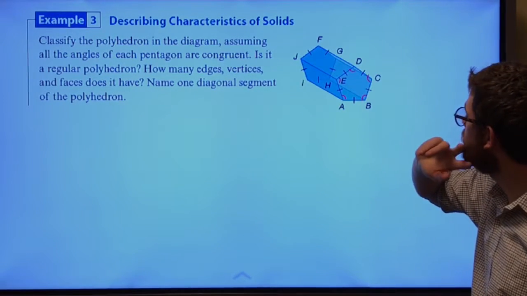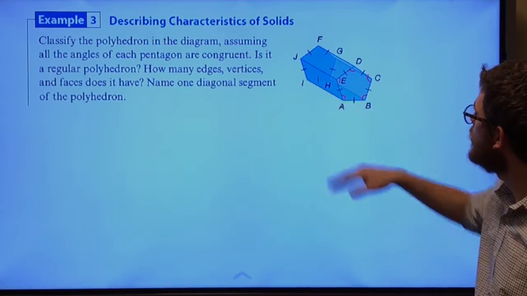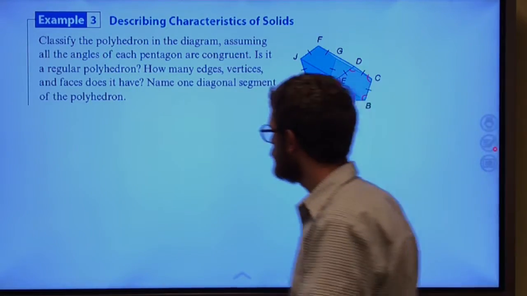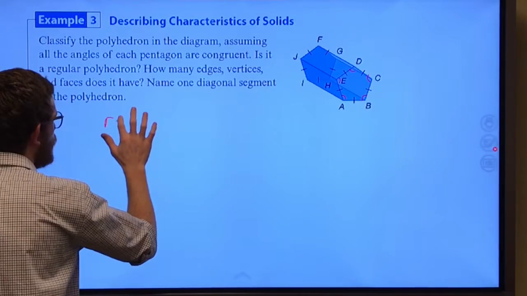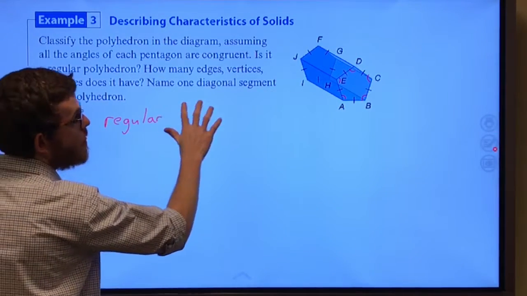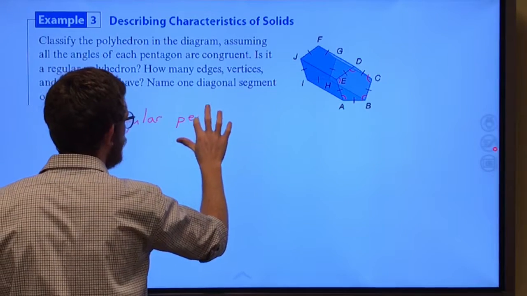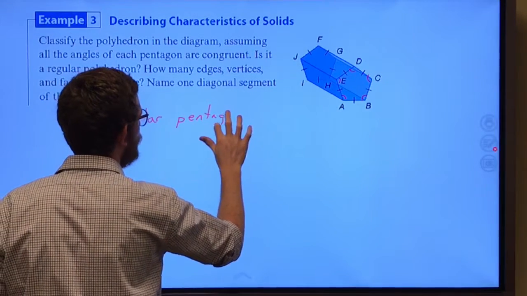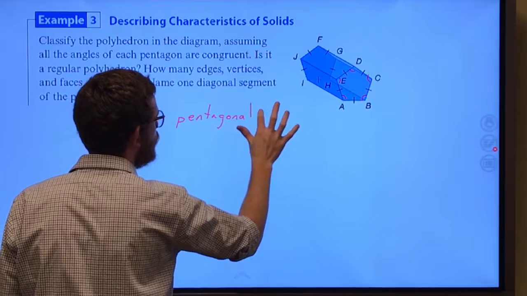And so this right here, being given these tick marks that we see, this is a regular pentagonal prism.